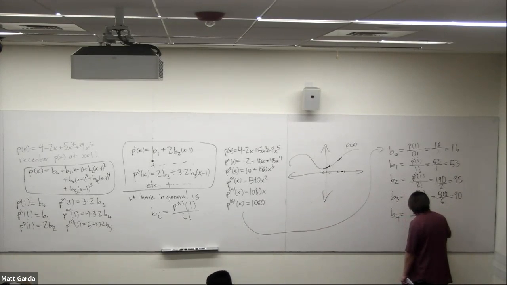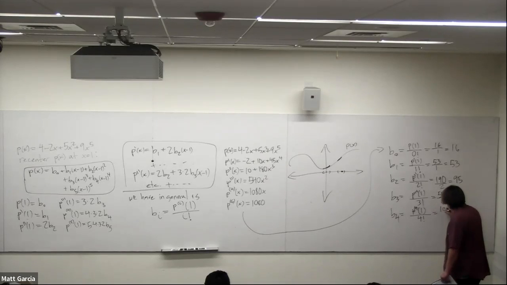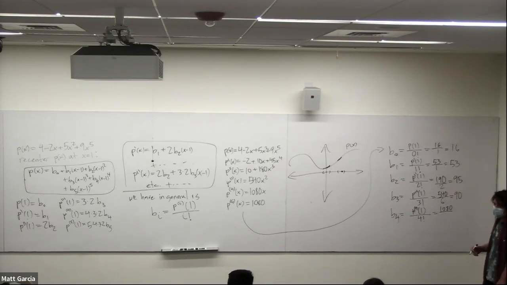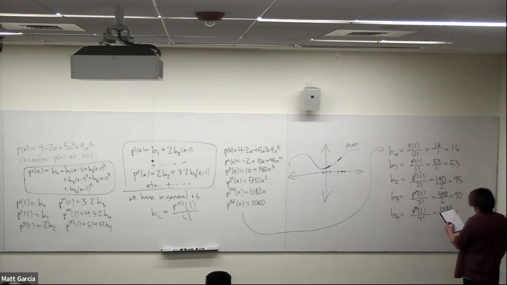The fourth derivative of p evaluated at 1 divided by 4 factorial. What do we get? We got 1080, divided by 4 factorial. What is 4 factorial? 24. Good. Which gives us a total of 45.